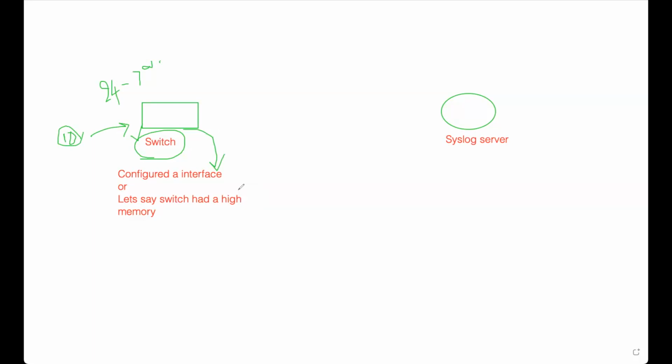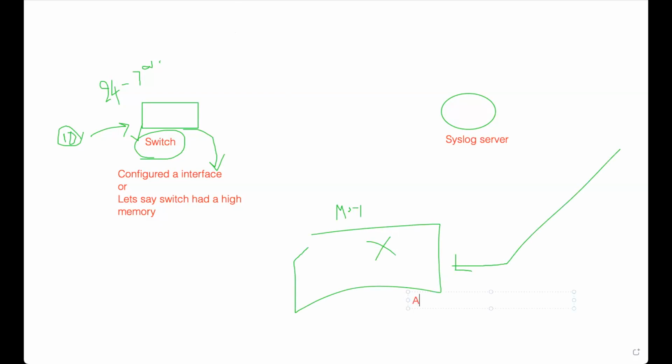For example, let's say you are in a network and something happened and your network went down. This happened on May 1st. A client came and asked, hey, I came to your network on May 1st and I tried to access a file, but I failed. Can you tell me why?